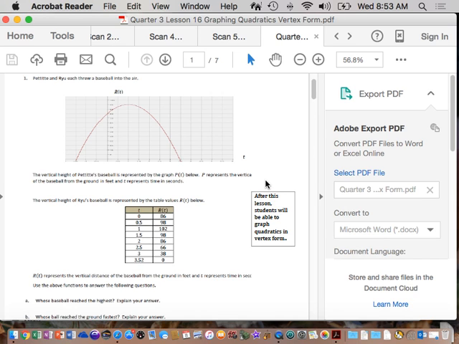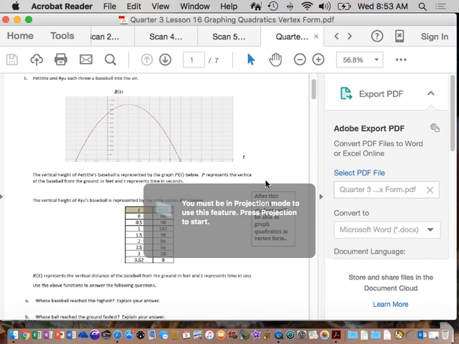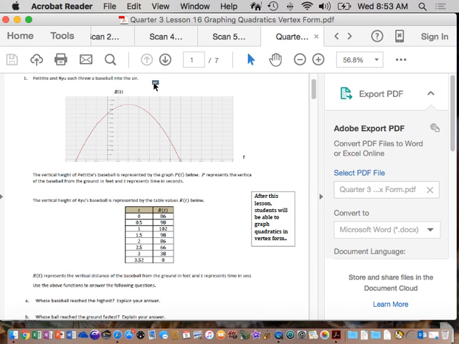What baseball reached the highest height? Well, this height is 98 right here, and let's be clear about this. We're going to call this P of t, and there's my maximum height right there, and that looks like it's the point 1 comma, I'm thinking that's 96, I think.